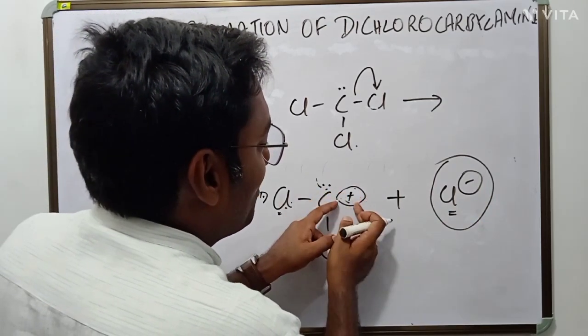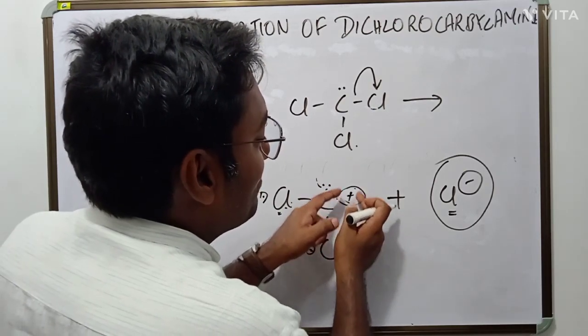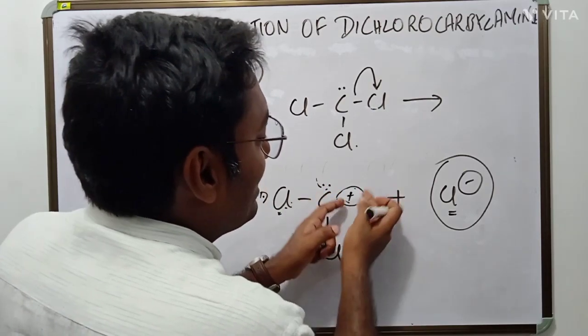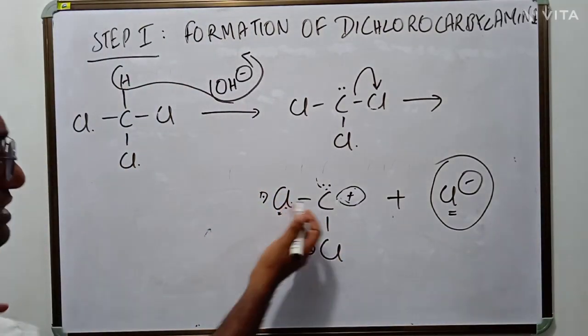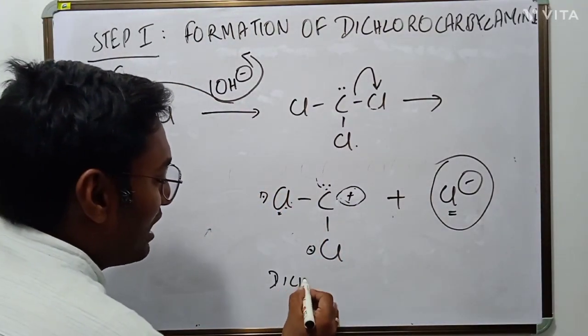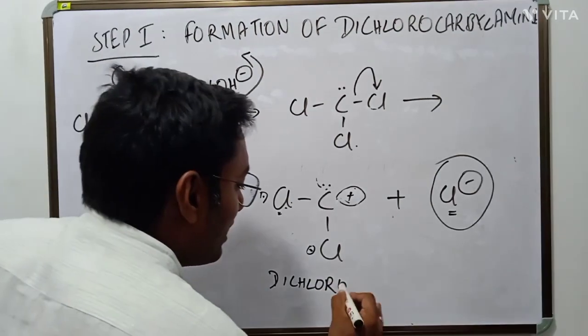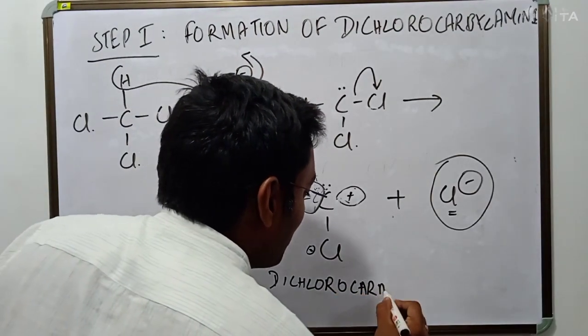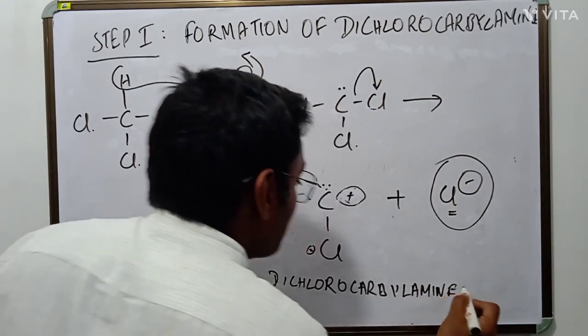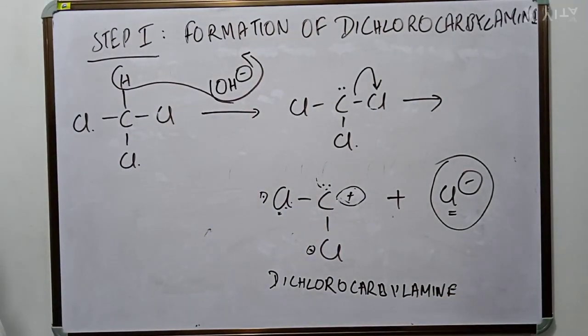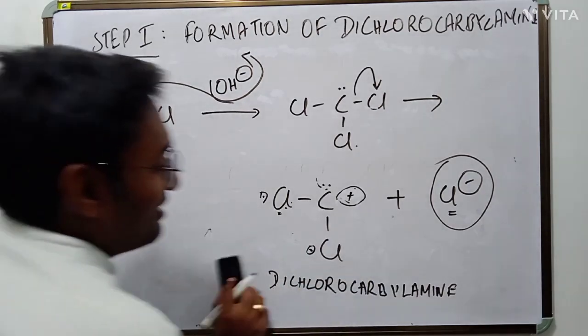The electron that was here was given to Cl minus, so it resulted in an empty orbital. Now this empty orbital wants a pair of electrons, and it can get that from the phenoxide ion. So phenoxide ion comes and attacks this. We will see that in the second step. Now we have formed dichlorocarbylamine. I hope it is clear.